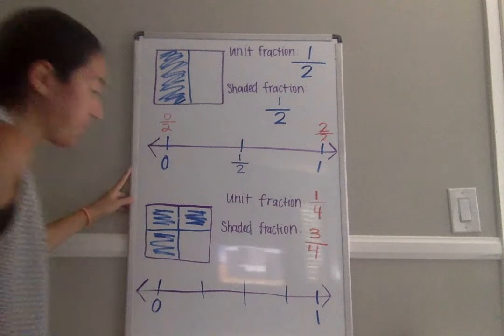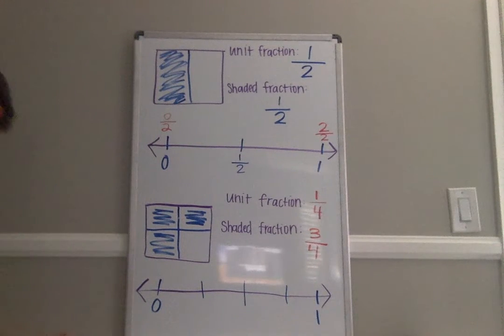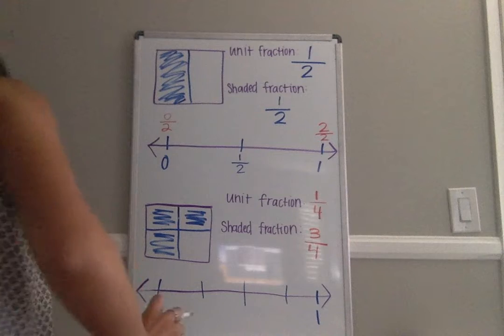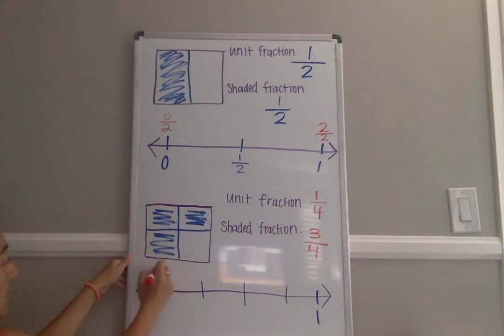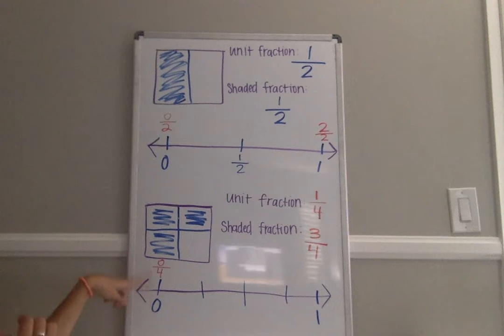Now, when I am labeling this, again, the 0 is going to represent 0 pieces out of how many are here. So this 0 represents 0 out of 4. Because if you divide, 0 divided by 4 is going to be 0.